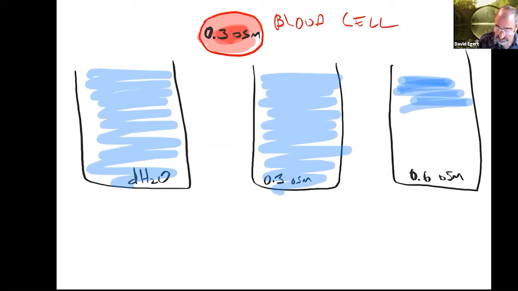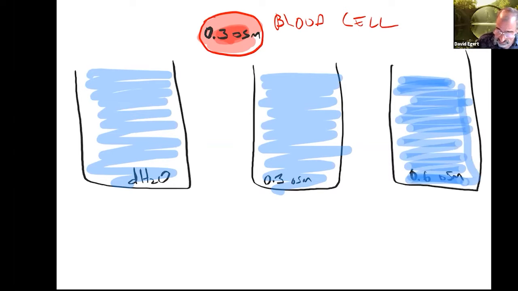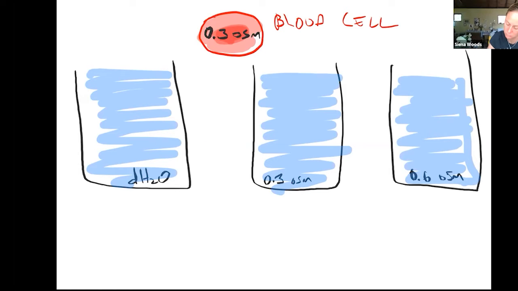Yeah, exactly. 0.3 molar NaCl dissociates into 0.6 osmolar because every NaCl becomes 2 independent particles. So that all makes sense?